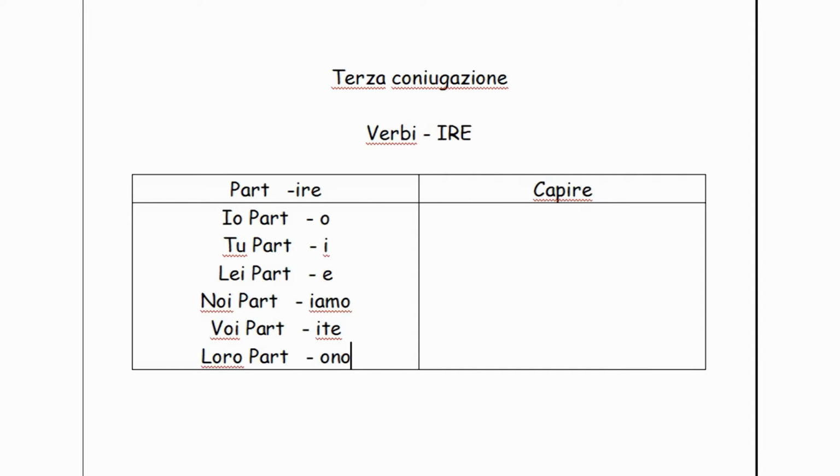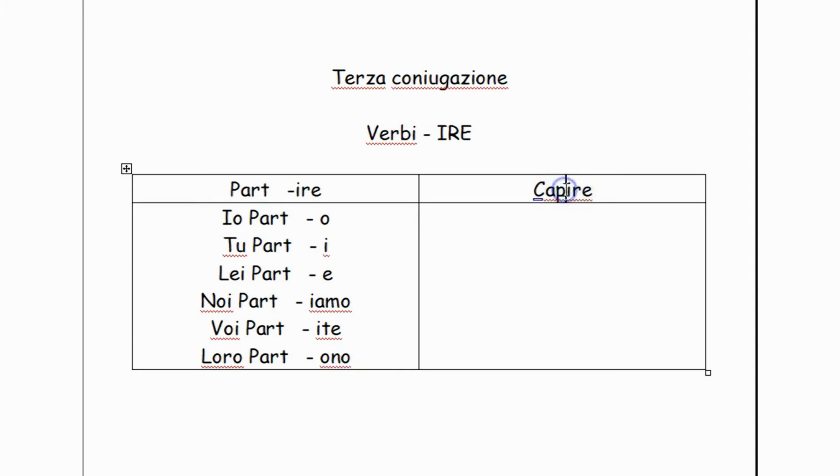Partite, partono. Io parto, tu parti, lei parte, noi partiamo, voi partite, loro partono. Always retract the stress in the loro form, one syllable over.